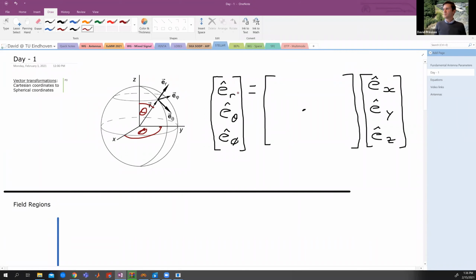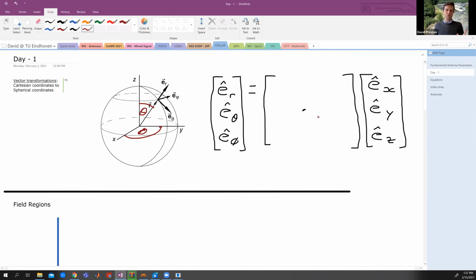So as I show you, we have the field components: the radial, the theta, and the phi component. You can always convert these from a Cartesian coordinate system, defined in terms of x, y, and z, oriented as shown on the axes at this origin.